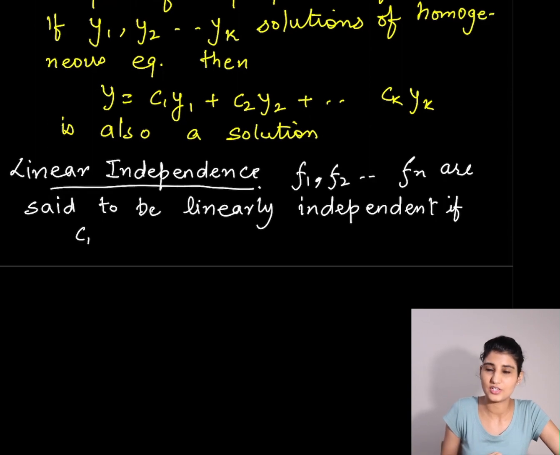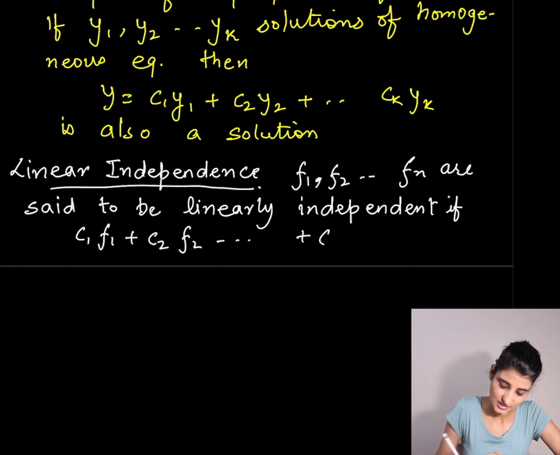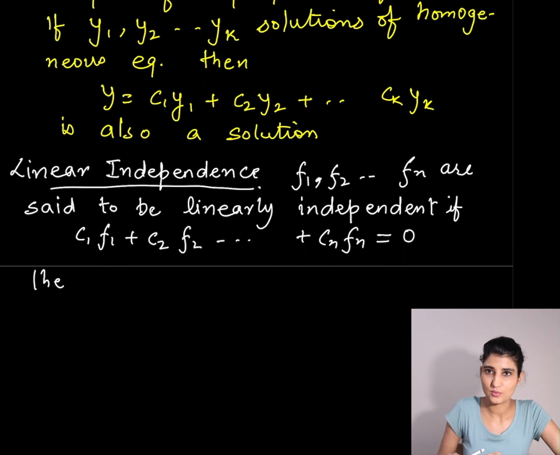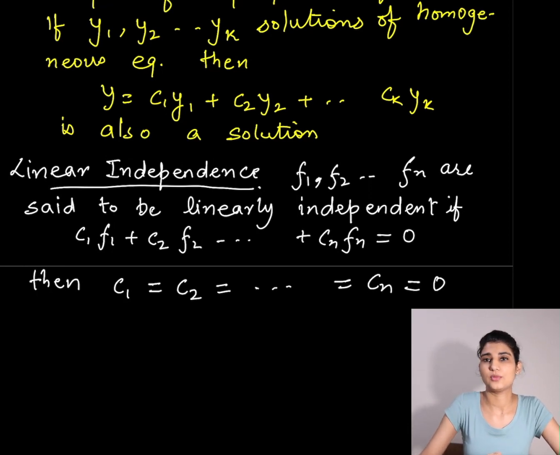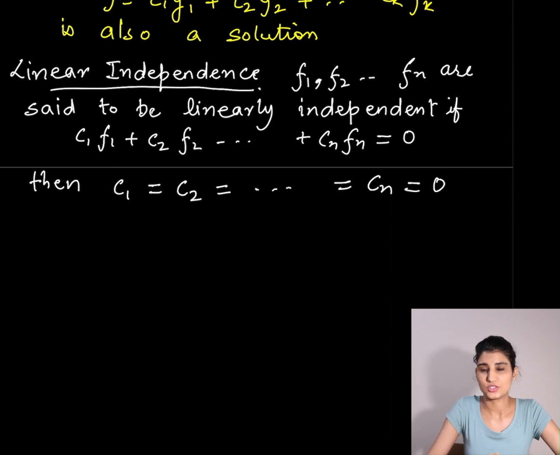If we have a linear combination c1 f1 plus c2 f2 plus up to cn fn equal to 0, then this linear combination must be the zero combination. It means all the constants should be equal to 0. Only the zero linear combination gives the value 0. Or in other words, we also say no function can be written as a linear combination of the other functions.